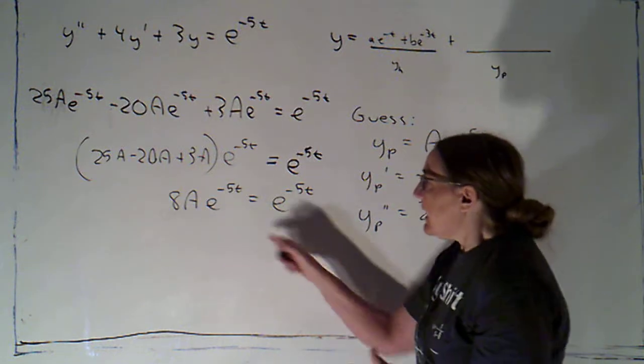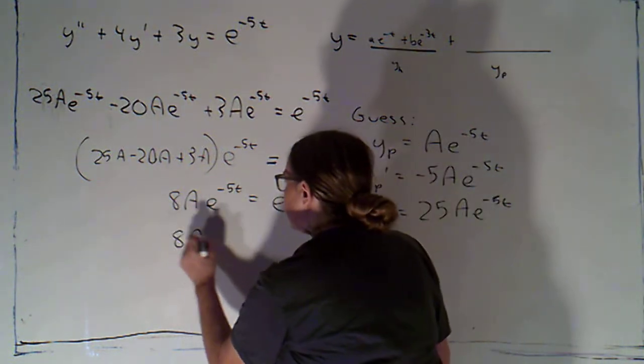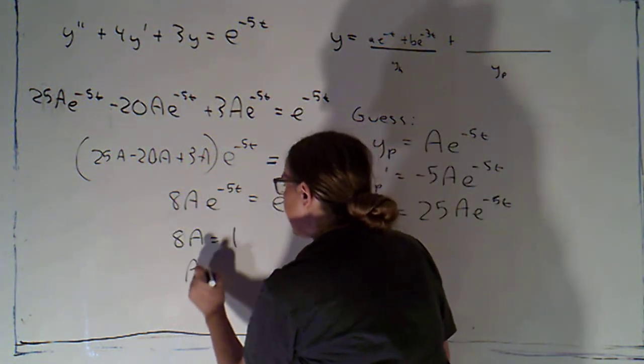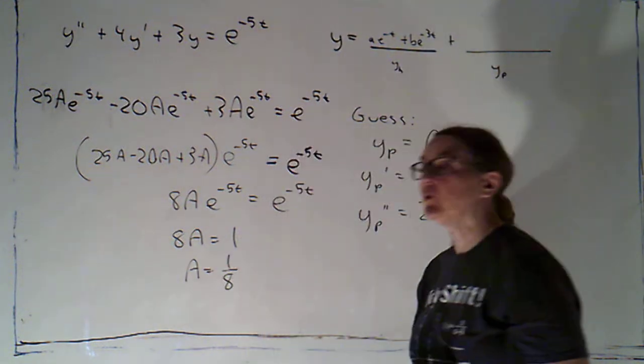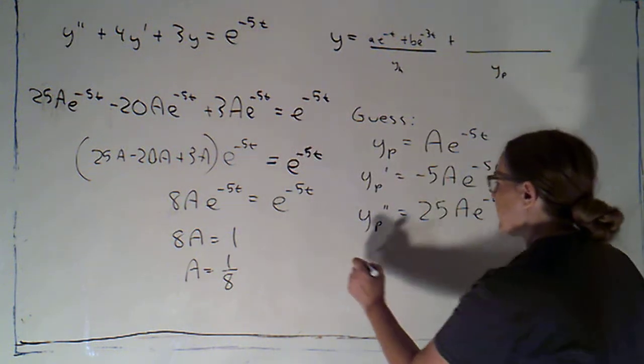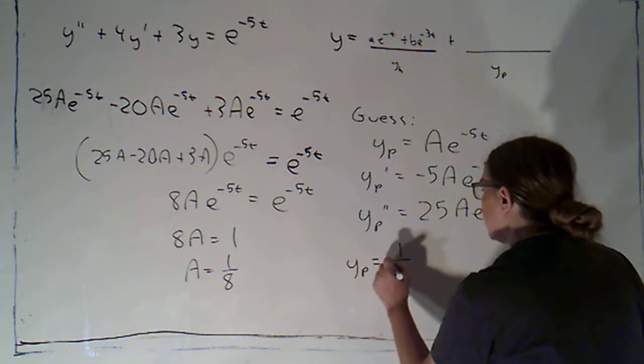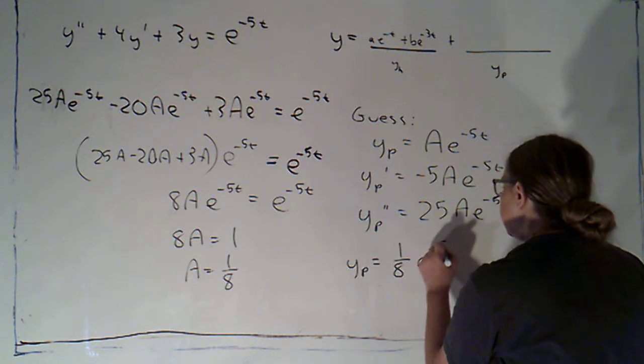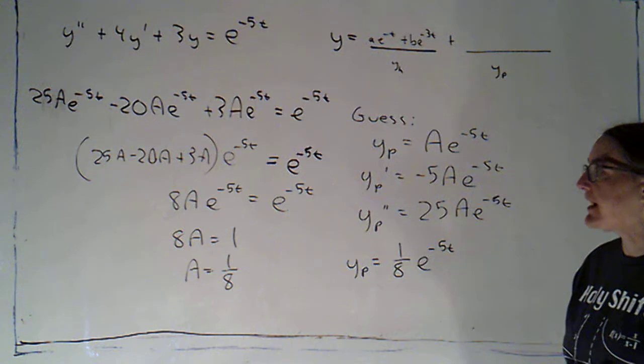And that means that 8a has to equal 1, a has to equal 1/8. So my particular solution now I know is 1/8 e to the negative 5t.